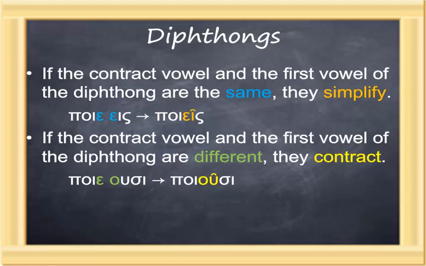However, if the contract vowel and the first vowel of the diphthong are different, they contract. So in the example of poiet plus usi, the vowel of the diphthong is different, and so epsilon plus omicron by rule 1 contracts to omicron upsilon, and the second upsilon just disappears.